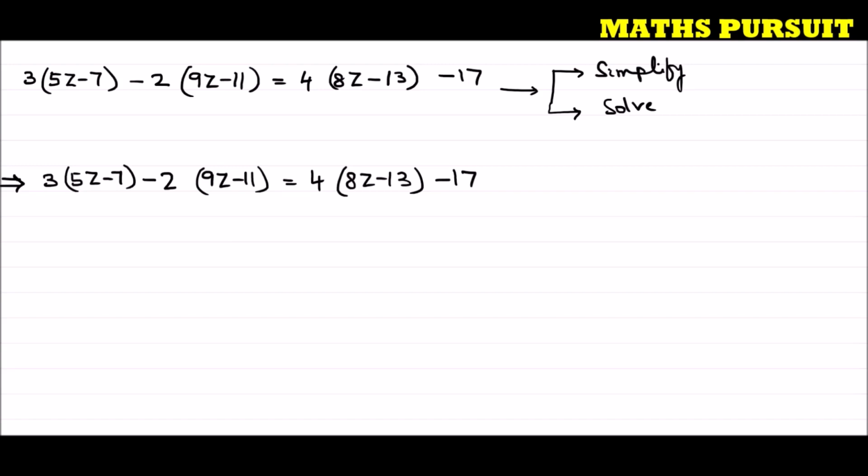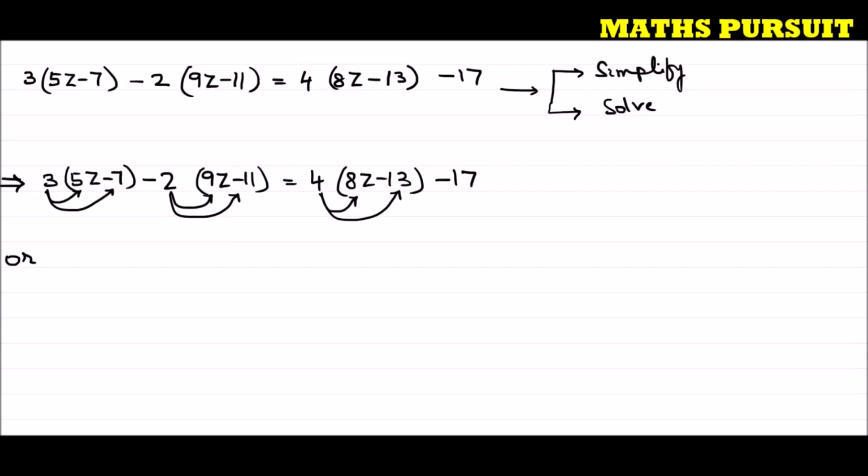Let us multiply the numbers that are outside the bracket with the numbers that are inside the bracket. That means 3 into 5z, 3 into minus 7, minus 2 into 9z and minus 2 into minus 11. Similarly 4 into 8z and 4 into minus 13. Let us multiply these and open the brackets.